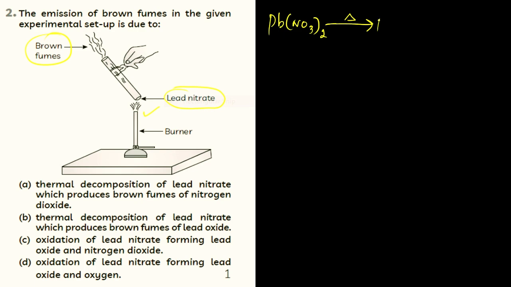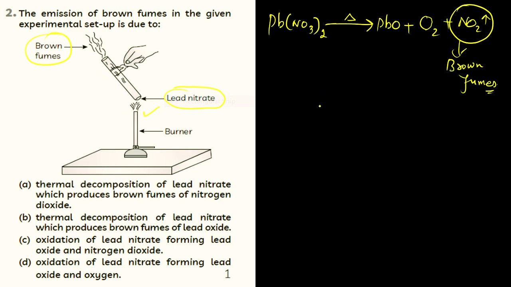Thermal decomposition produces lead oxide, oxygen gas, and also NO2 gas, nitrogen dioxide. This is the brown fume. So this is our answer, NO2. The first one is your answer.